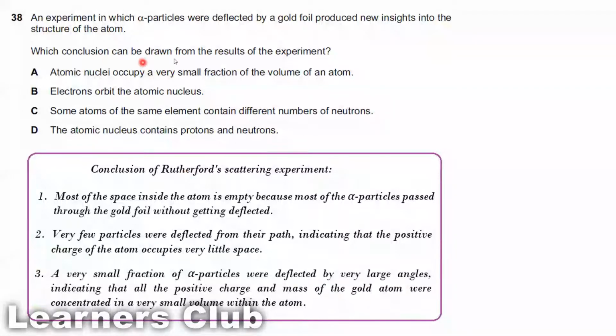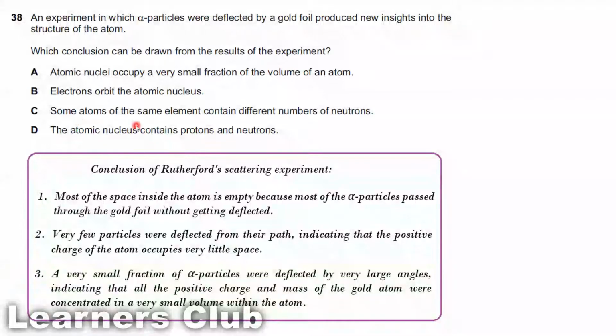Which conclusion can be drawn from the results of the experiment? The first part says atomic nuclei occupy a very small fraction of the volume of an atom. This is what they're talking about in point 3. Let's see option B: electrons orbit the atomic nucleus. There is nothing stated about electrons.